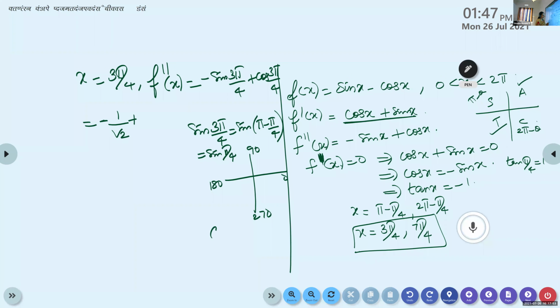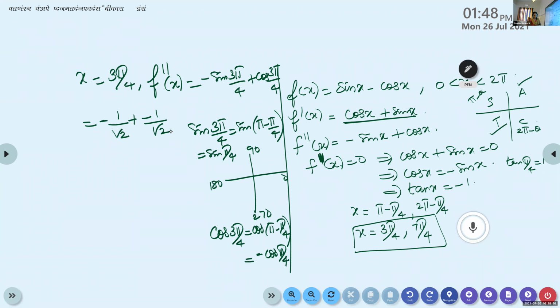The same way, cos 3 pi by 4 is cos of pi minus pi by 4. What is cos of 180 minus theta? When you reduce it from 180 minus, it will be in the second quadrant. And in the second quadrant, sine is positive, cos is negative. So we write minus cos pi by 4, so it is minus 1 by root 2.